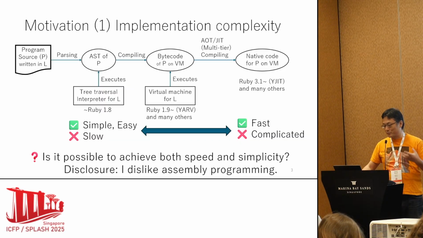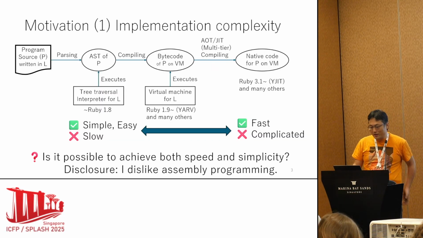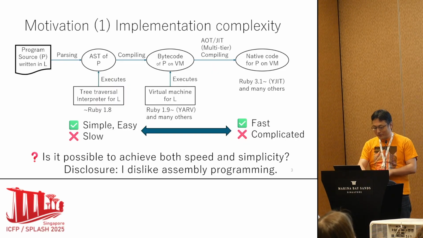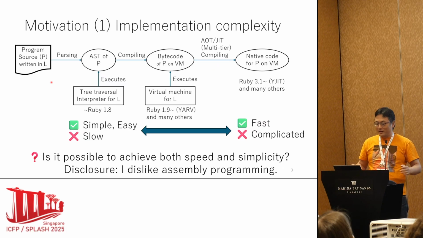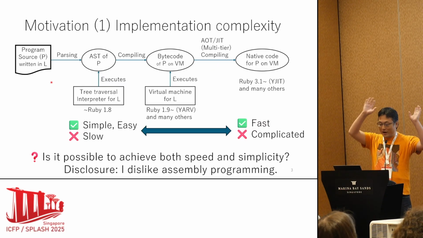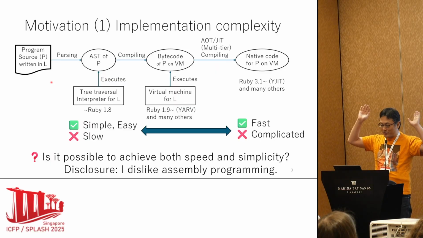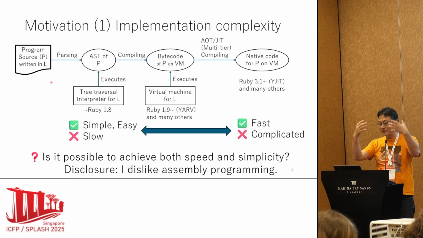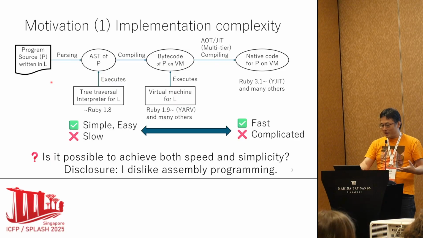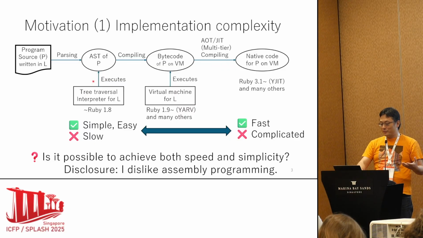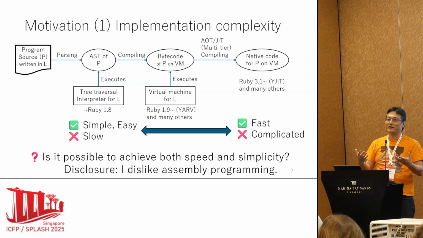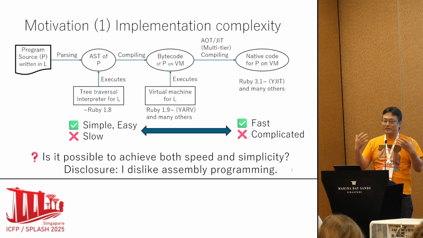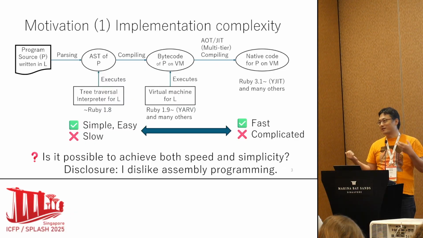Let me introduce my motivation for this research. If we have a program, we translate it to the AST, the abstract syntax tree. The easiest way to run this program is a tree-walking interpreter, which was used in Ruby 1.8 maybe 20 years ago.